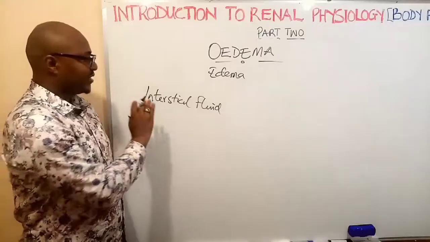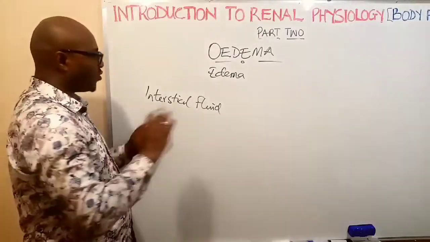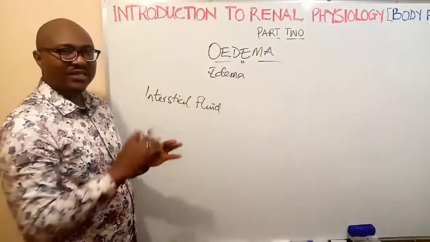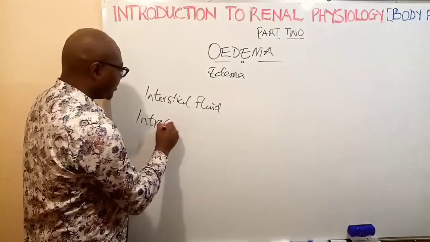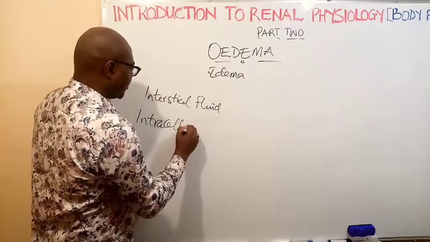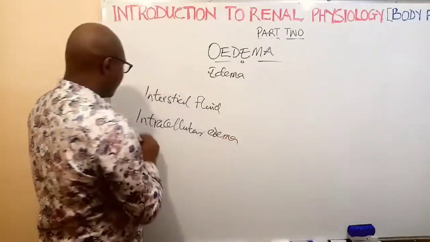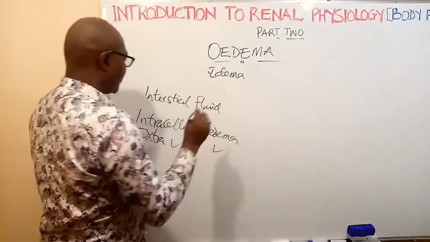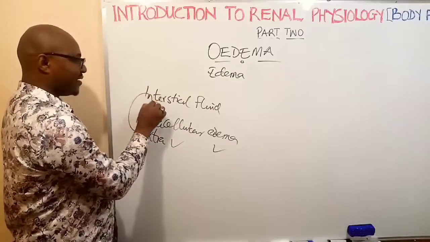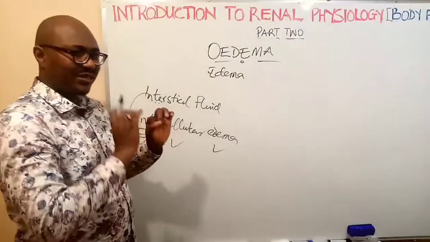Then the interstitial fluid compartment is part of the extracellular. So that's why we refer to it as extracellular. So you have intracellular edema. You have extracellular edema, and it is in this compartment.